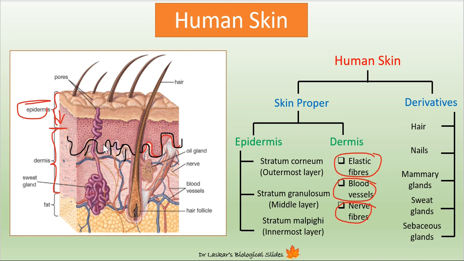Now in these nerve ending portions different sense organs are present, and these sensory parts are mainly concerned with the sensation of touch and pain. There are some more sense receptors present in the deeper parts of the dermis, and these are concerned with the sensation of pressure, pain, heat, cold, etc. That means the sensory receptors are mainly present in the dermis.